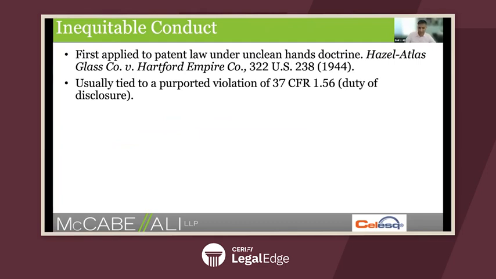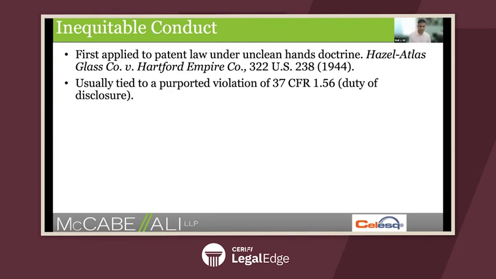And the biggest case that started this game was at the Supreme Court in 1944. And it was involving a company called Hazel Atlas. It was a patent application for making glass. I'm going to summarize it very briefly, but it's a really interesting case if you want to learn about inequitable conduct.